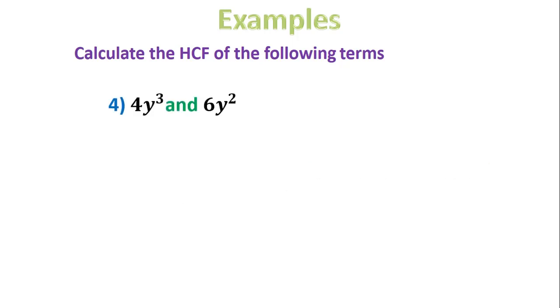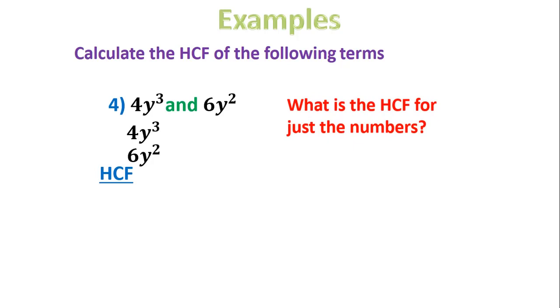Let's look at my fourth example. 4y cubed and 6y squared. Let's do our layout, and now we ask our questions. First question, what is the HCF for just the numbers? We look at just our numbers or our coefficients, and we have 4 and 6. What is the highest common factor for 4 and 6? Hopefully 2 is not a surprise when I put it there.